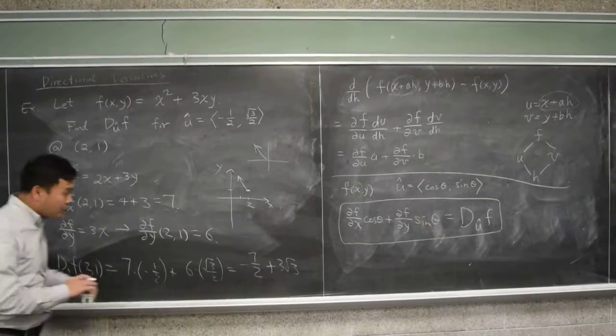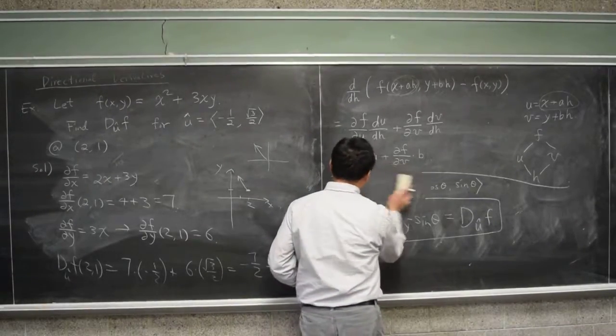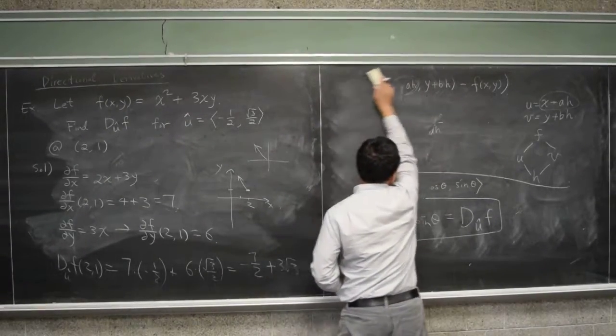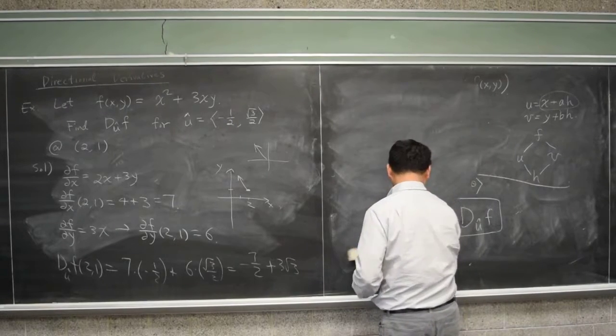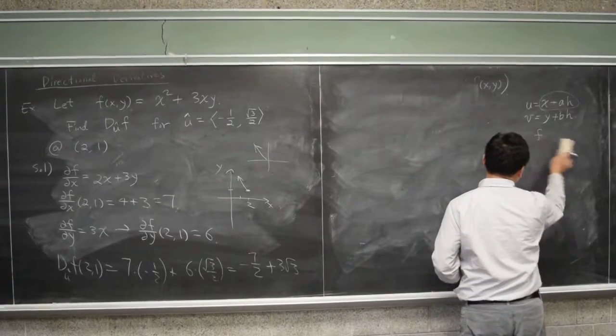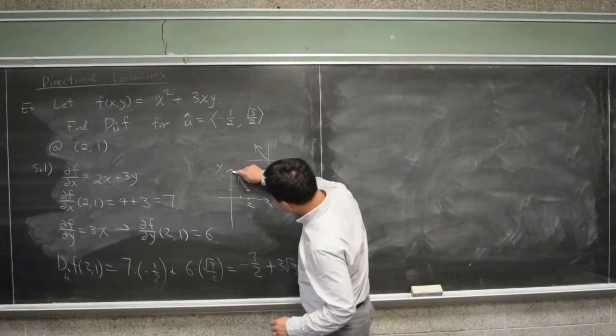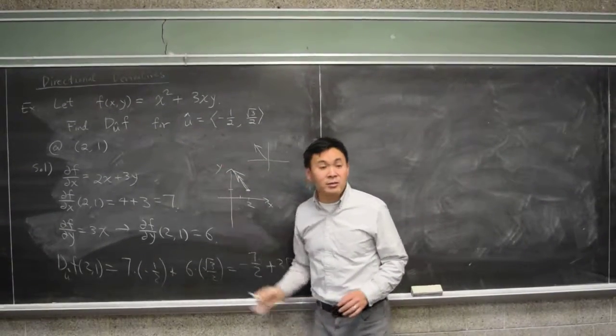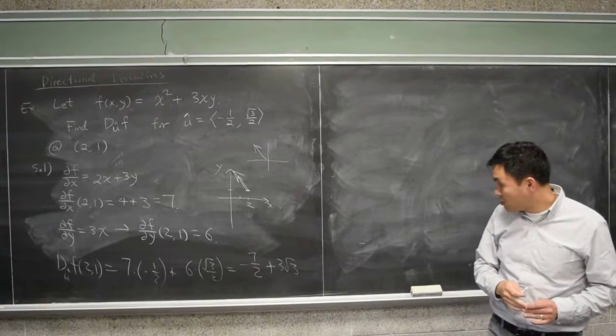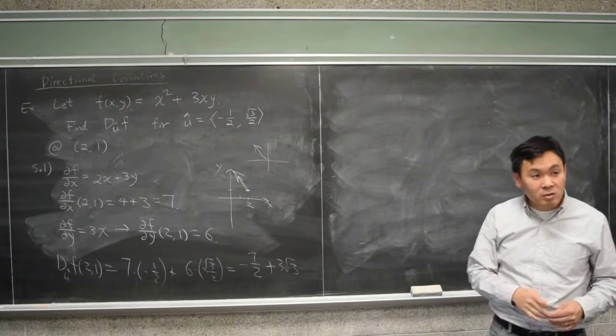Now, let me show you another way of thinking about this to further let you understand what's going on. So think about this line. Think about a moving particle. Yes? So you plug negative 1 over 2 or radical 3 over 2 in for theta.